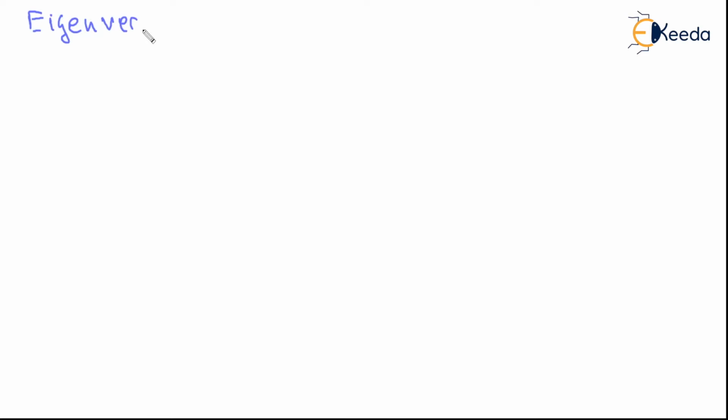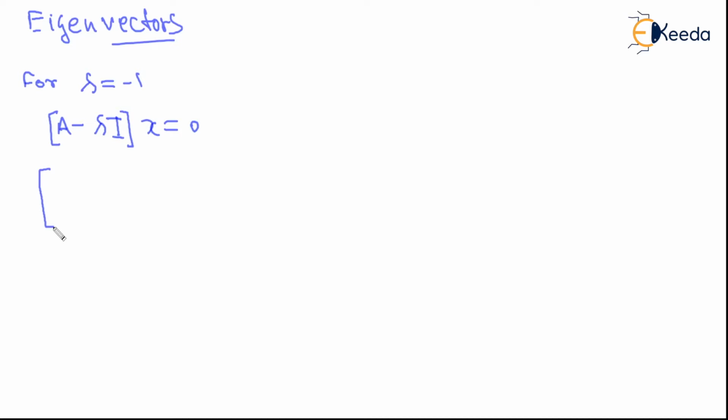Eigenvectors for lambda equal to -1. From this equation, A minus lambda I times x equal to 0, we'll have to substitute -1. Just now we saw this, so we'll put this -1 here.